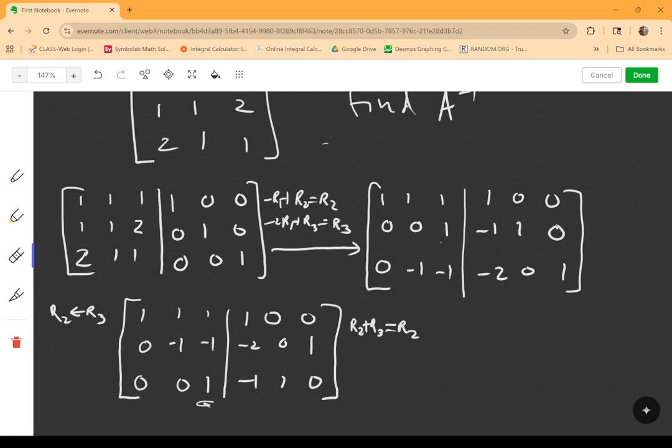And then also negative R3 plus R1, which will be my new R1.